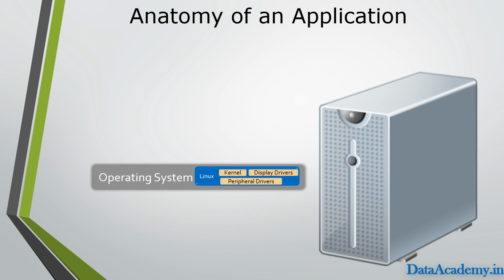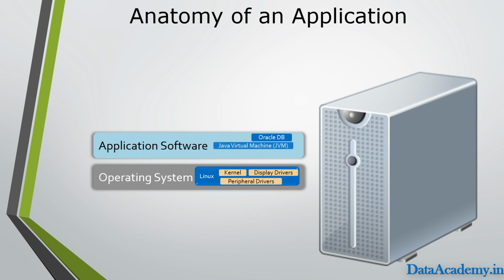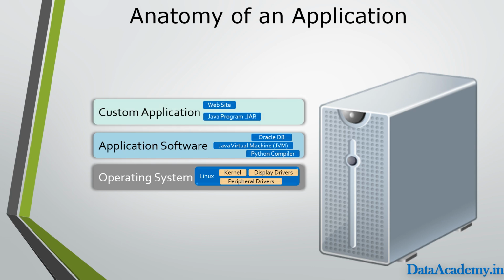In the next slide, we will look at one operating system as an example. We will take Linux, right? Linux is made up of its own components such as the kernel, display drivers, peripheral drivers, and so on, upon which we can have application software like Oracle database, Java virtual machine, and then we can have our custom applications.